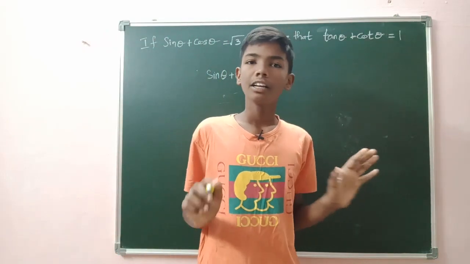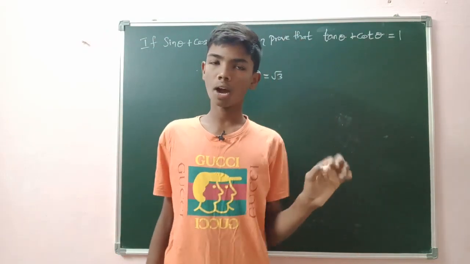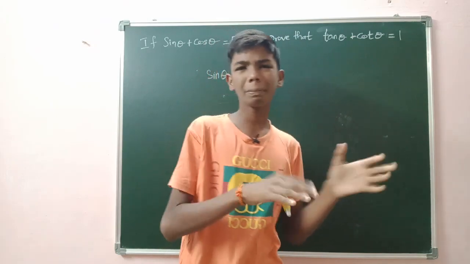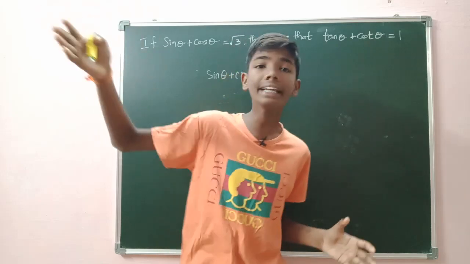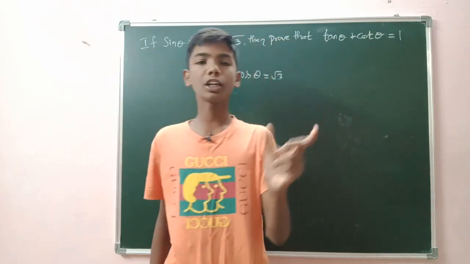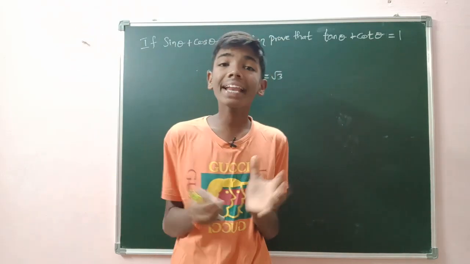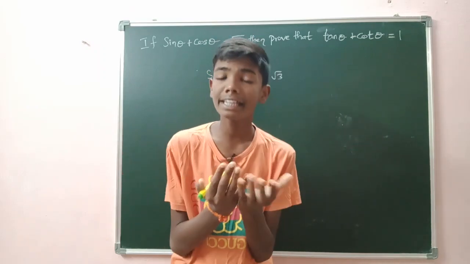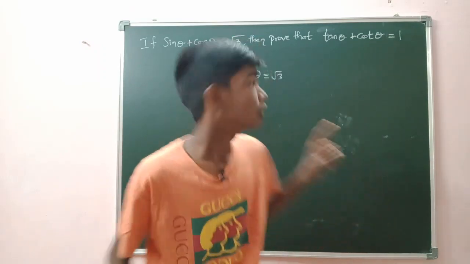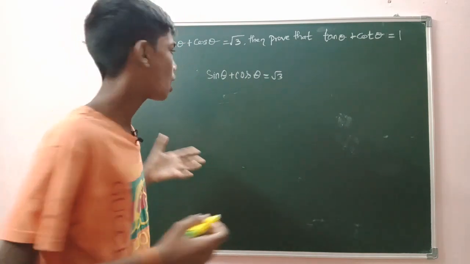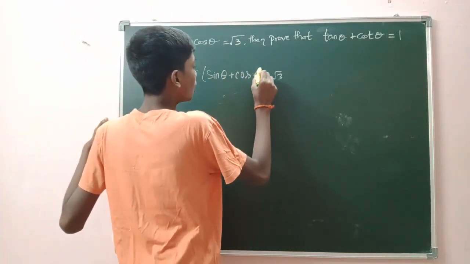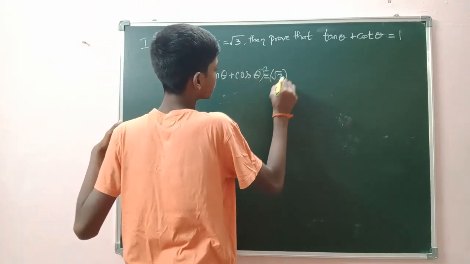We know that sin square theta plus cos square theta is equal to 1, and 1 plus sin square theta and those kinds of identities are also there, but those are all deleted. Only sin square theta plus cos square theta is equal to 1 is there. So how can I arrive at that particular identity? I can arrive by squaring both sides of the equation. That is what I am going to do now. So I am going to square both sides of the equation.